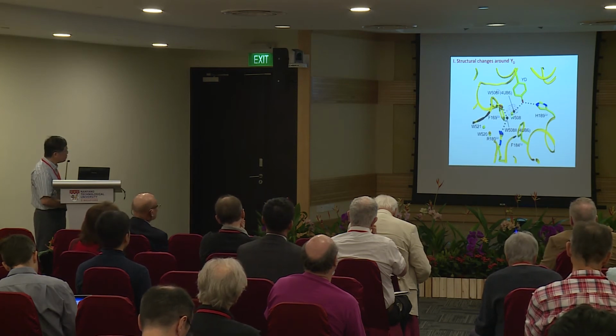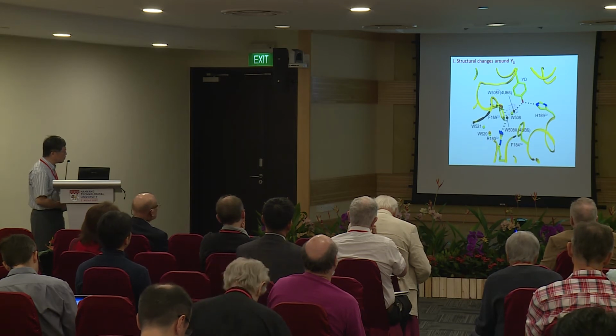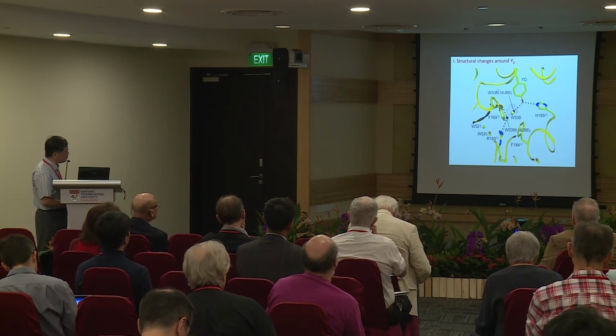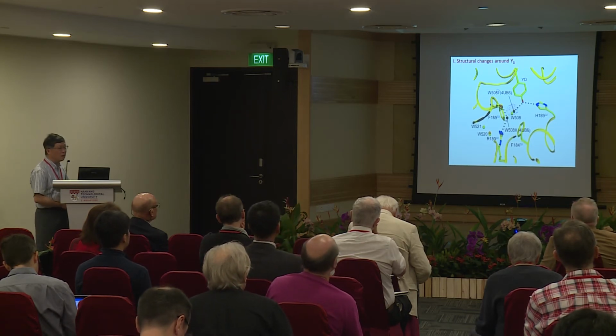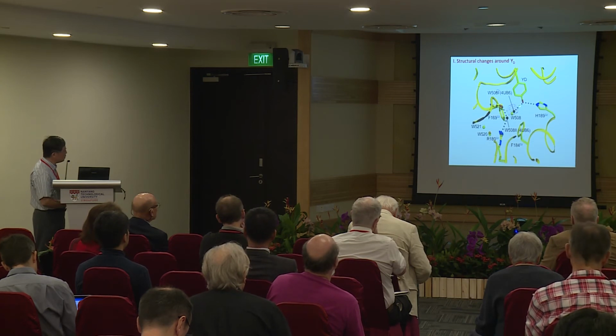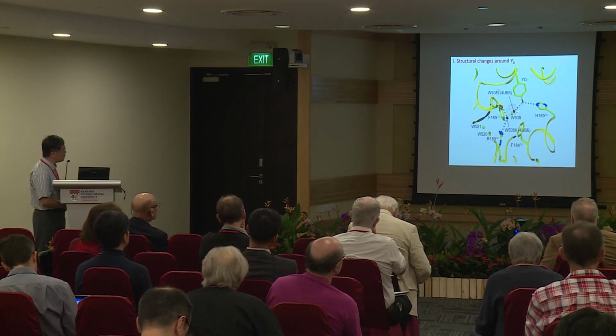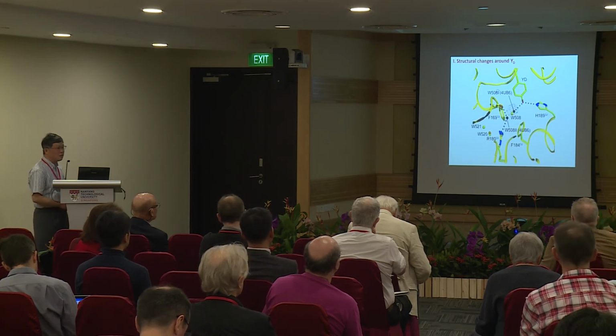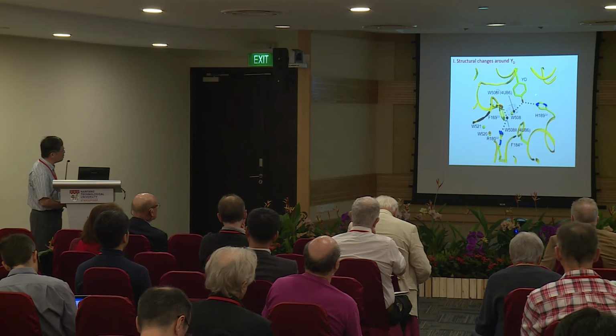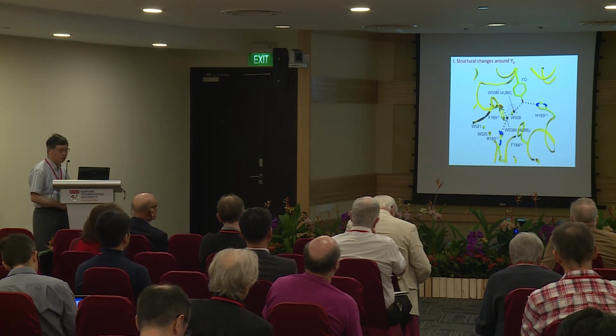In the S1 state structure, there is a water molecule here, which occupies two positions. After two-flash illumination, this water molecule moved slightly farther away from YD. This water molecule was originally hydrogen bonded to YD, but after two-flash illumination this hydrogen bond was broken, suggesting that proton transfer may have occurred through YD to break this hydrogen bond.